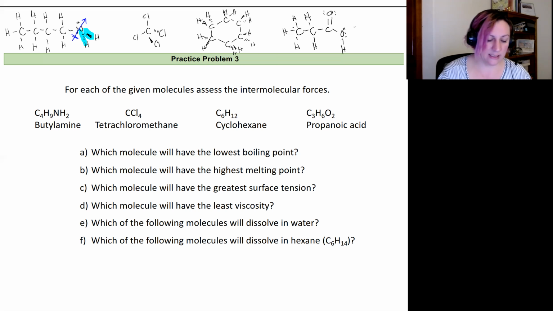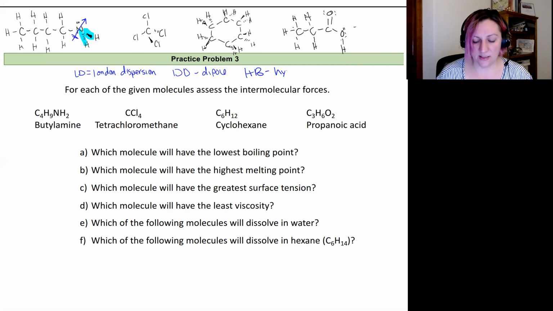So if I'm going to list the intermolecular forces that exist for butylamine, I'm going to use abbreviations here where LD is going to equal London dispersion, DD is going to equal dipole-dipole, and HB is going to equal hydrogen bonding.